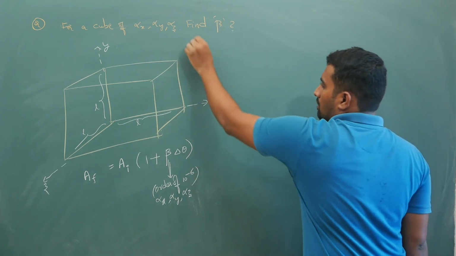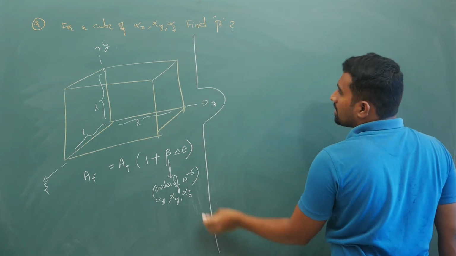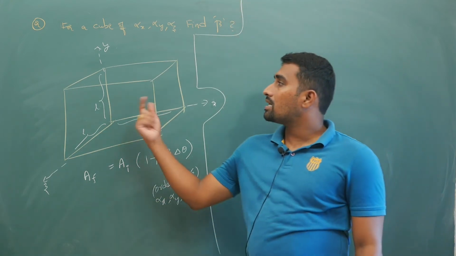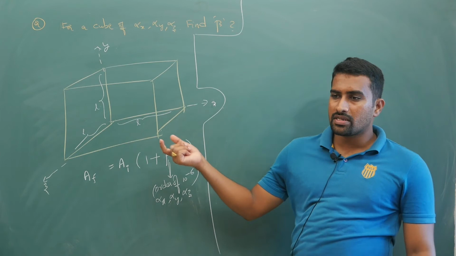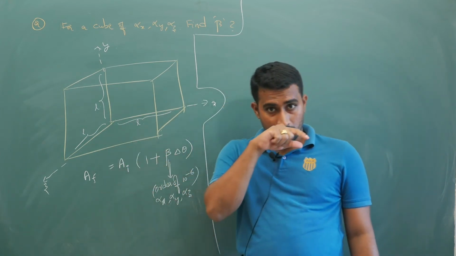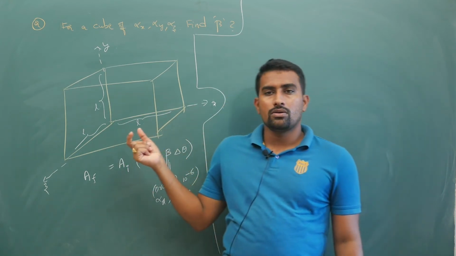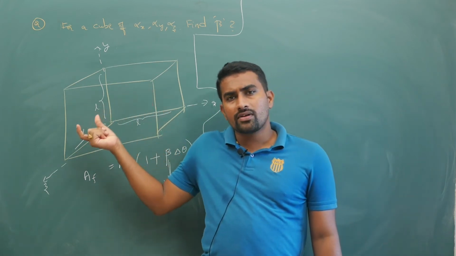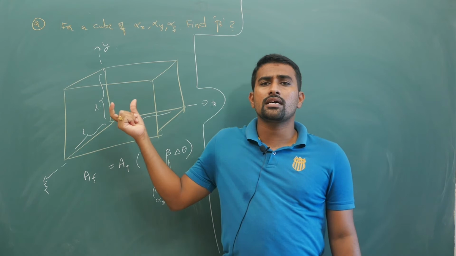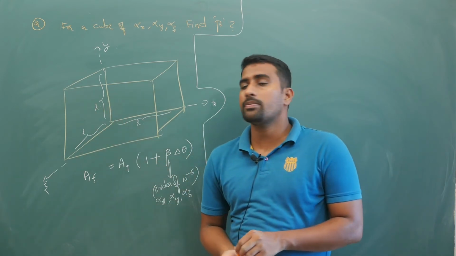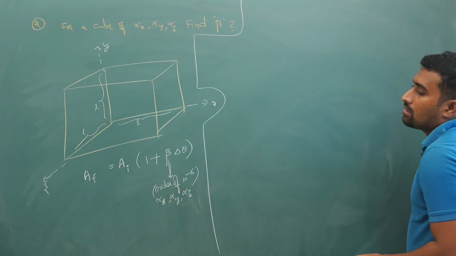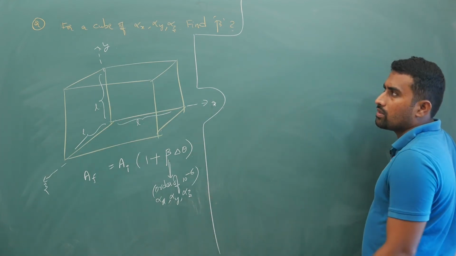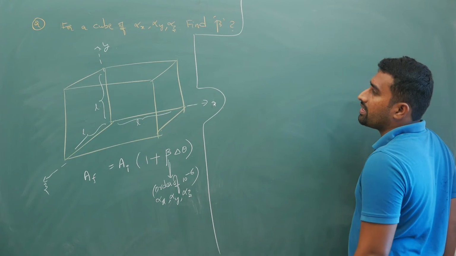Now with this I will start my explanation. Observe carefully. Let us say you have heated it and some temperature difference of delta theta is achieved. After getting this delta theta temperature difference, you are going to get your values of alpha x, alpha y and alpha z.